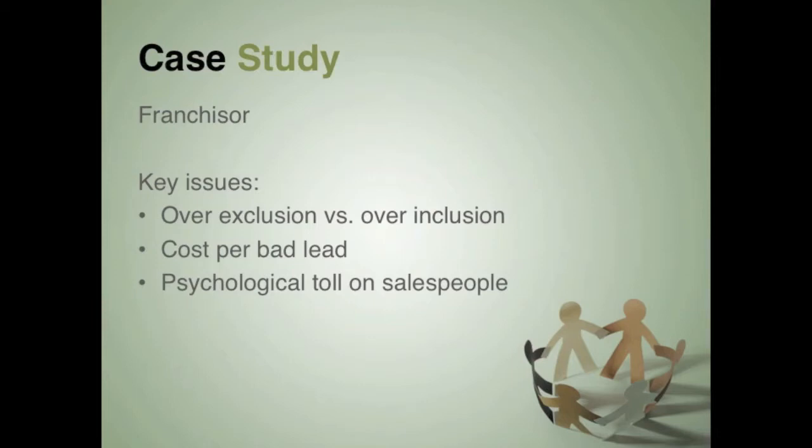The traditional way of selling is that somebody picks up the phone and calls these people, tries to qualify them, and tries to sell them a franchise. The difficulty is, do we over-include or over-exclude? Meaning, if we go, oh my gosh, 300, that's way too many, we need to cut that down, and we start qualifying people, that's going to be over-exclusion, and here's why.